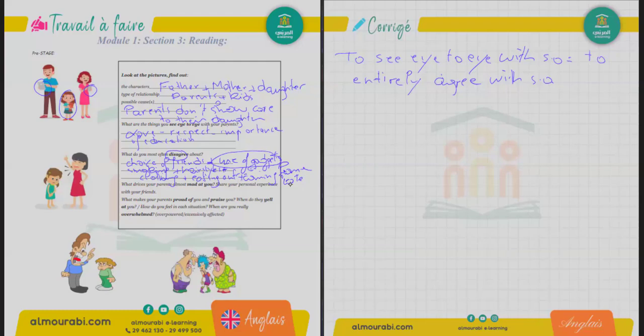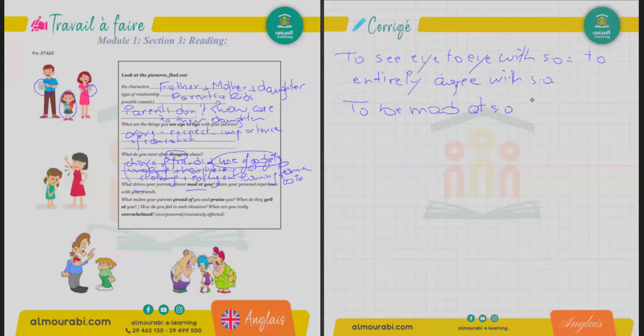So these are many issues we might disagree about as far as the relationship between us and our parents is concerned. Now, of course, the last mentioned examples of areas of misunderstanding might drive your parents mad at you.